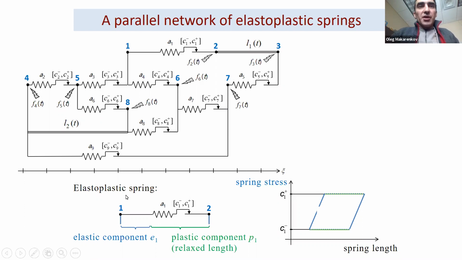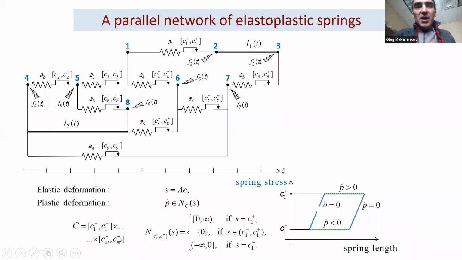So that's how each of these springs works. Each of the springs therefore comes with some limits on the allowed stress. Beyond those limits, the relaxed length of the spring starts changing.